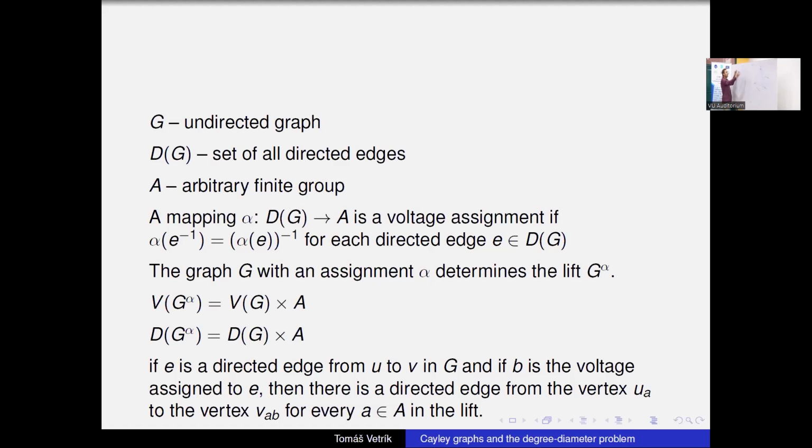So I had 12 vertices in my graph G: 1, 2, 3, 4, 5, 6, 7, 8, 9, then 11, 12. And my lift G to the power alpha gave me 12m to the power 3 because of the lift. So here I had vertices 0, 1 up to 11.